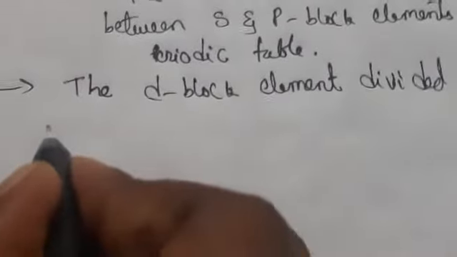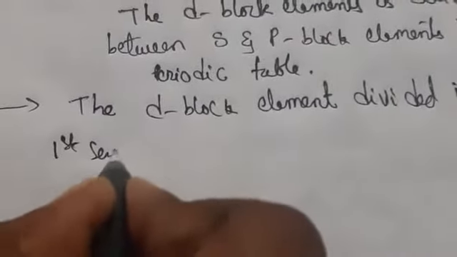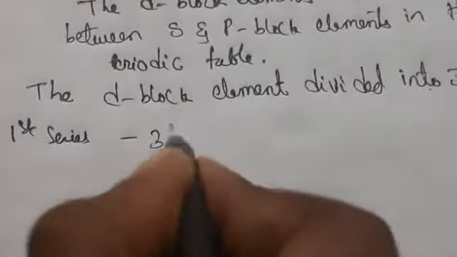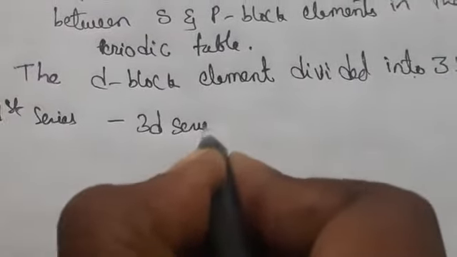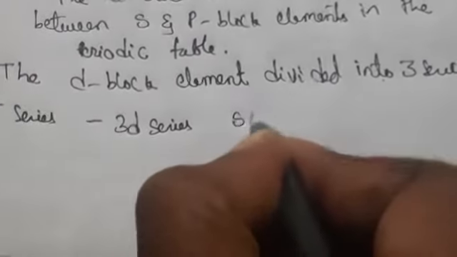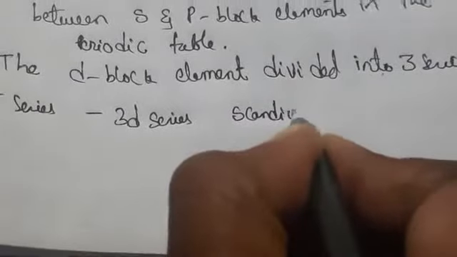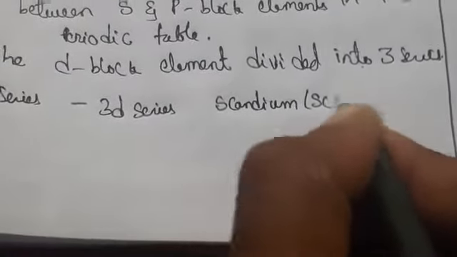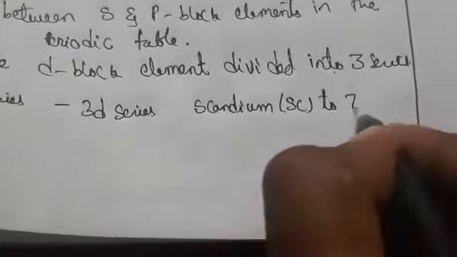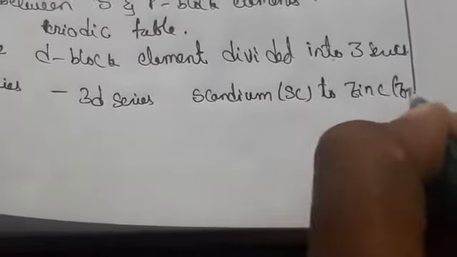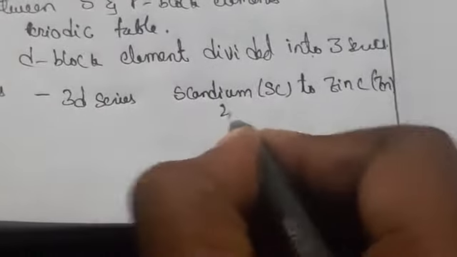The first series we call the 3d series. It starts from scandium, Sc, to zinc, Zn. So it has atomic numbers 21 to 30.